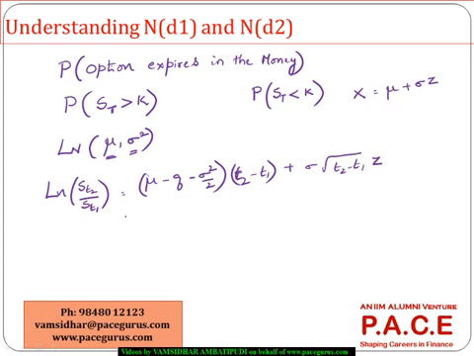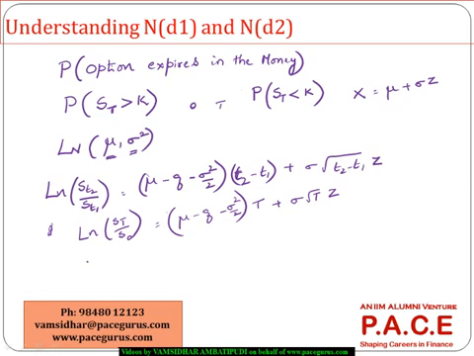Now, if I take these two times as 0 and T, I can write log of S_T by S_0 as mu minus q minus sigma squared by 2 times T plus sigma root T times Z. Now I require the probability that S_T is greater than K in case of a call.